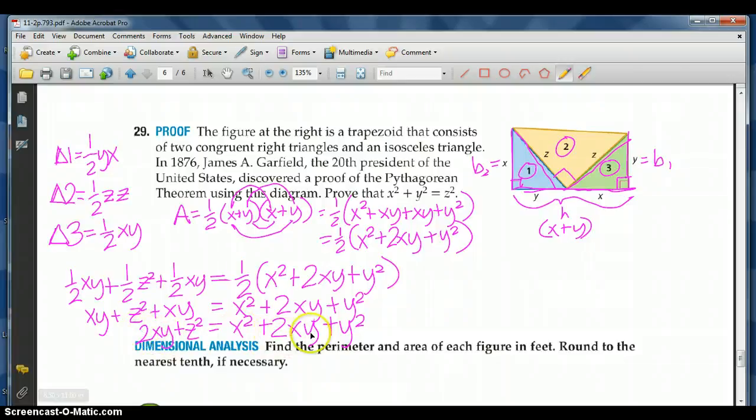We can subtract 2xy from both sides, and we're left with z squared is equal to x squared plus y squared. So from our formulas for areas of triangles and trapezoids, we were able to prove the Pythagorean theorem, that x squared plus y squared will in fact be equal to z squared.